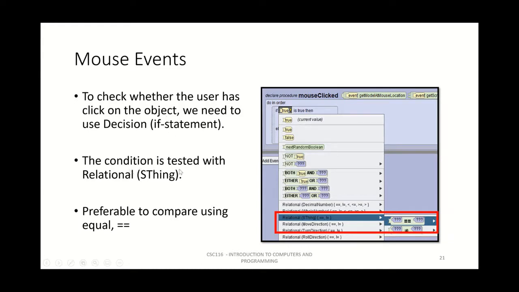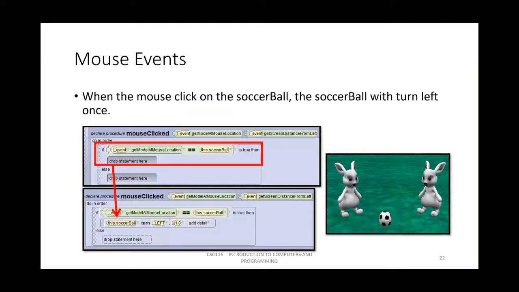The condition is tested with a relational operator, and it is preferable to compare using equal. This is how we make sure that when we click on something, it will take action.